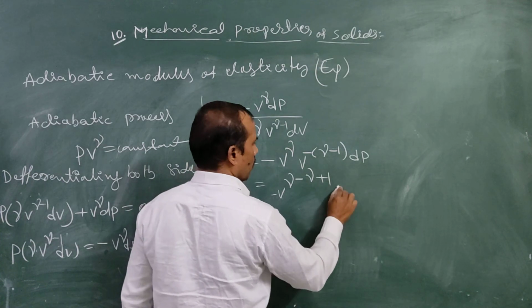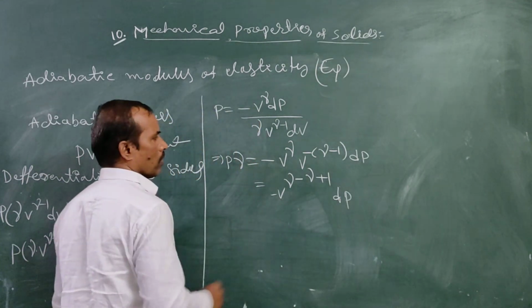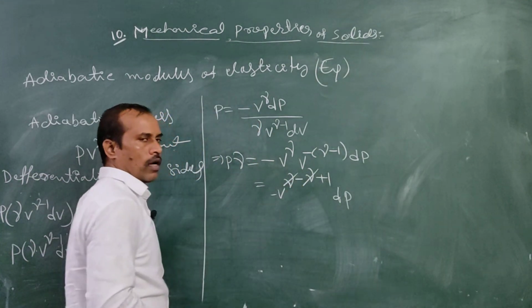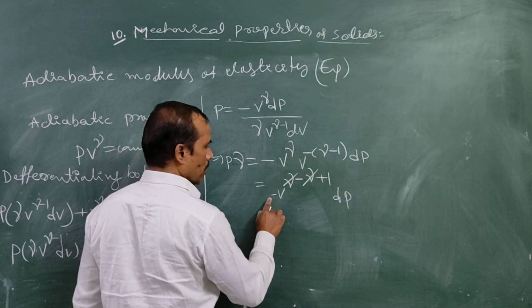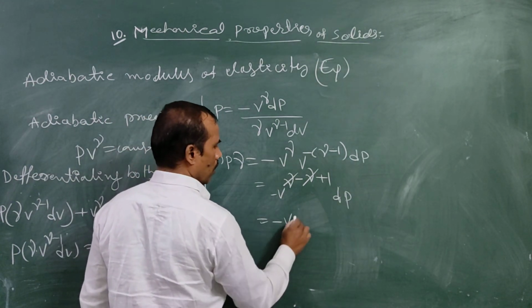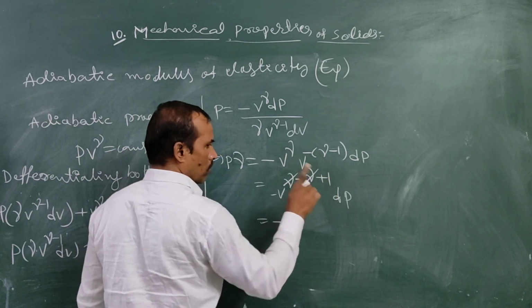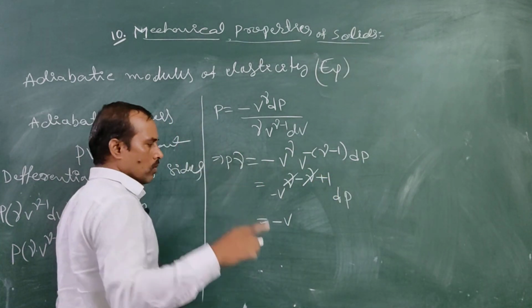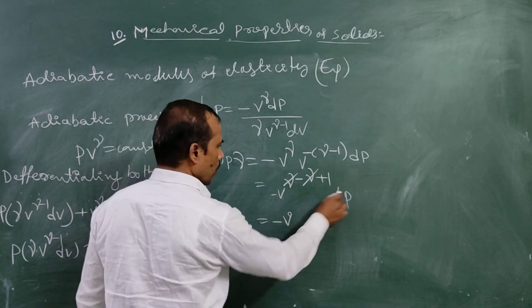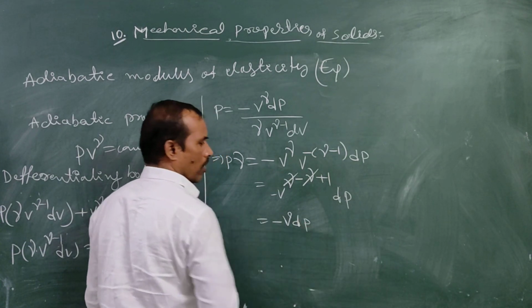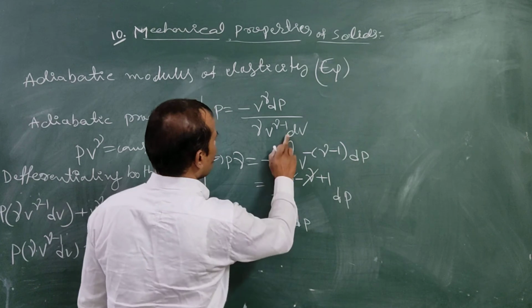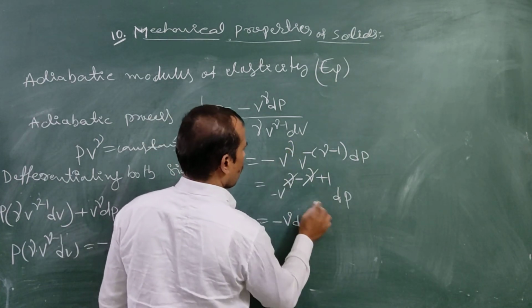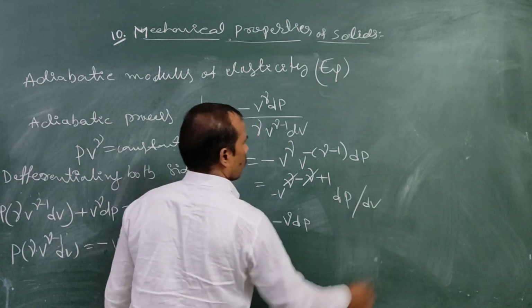Remaining dP, so gamma gets cancelled. P is equal to minus, V remaining power 1, that is V, and dP by dV.